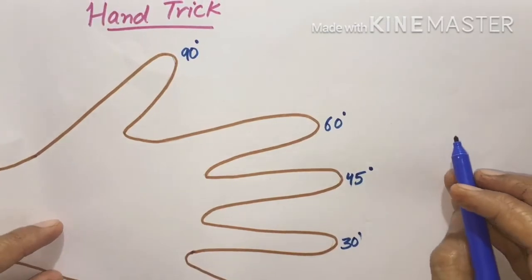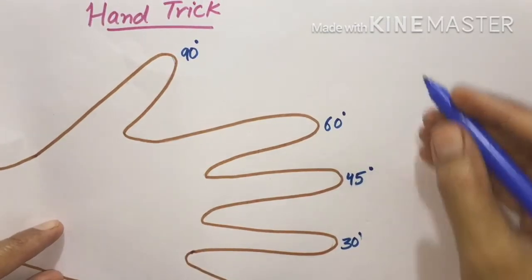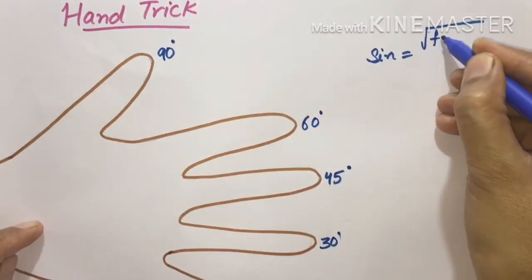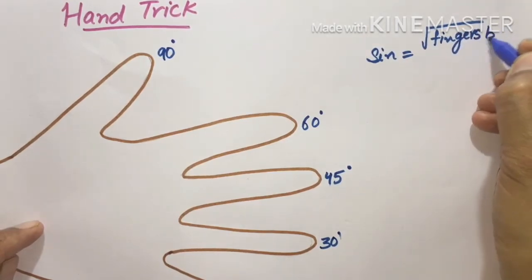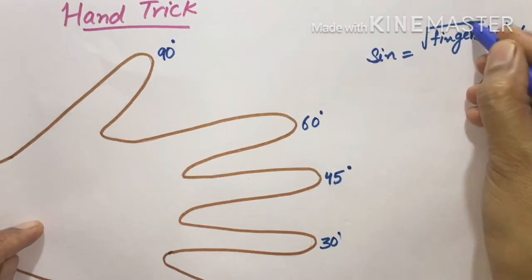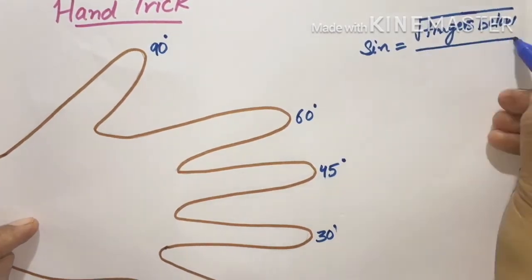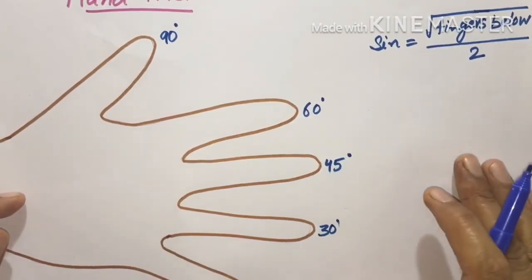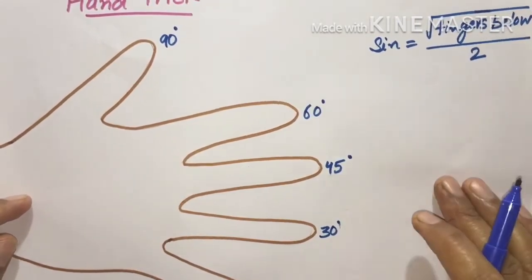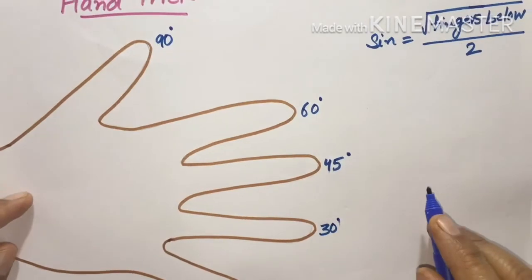To find out the value of sine theta, the formula is root of fingers below upon 2. So this is the formula to find out the values of the trigonometric ratio sine. Two examples I will take.